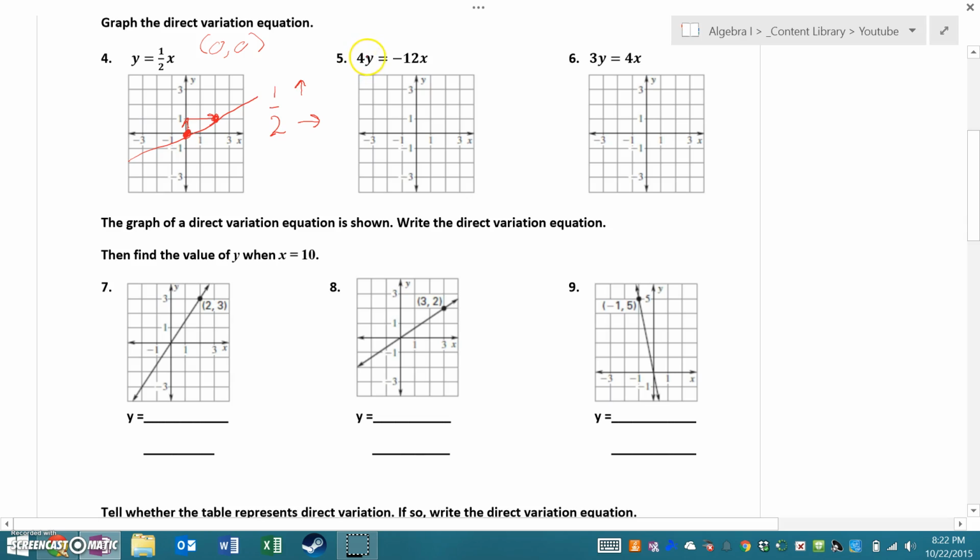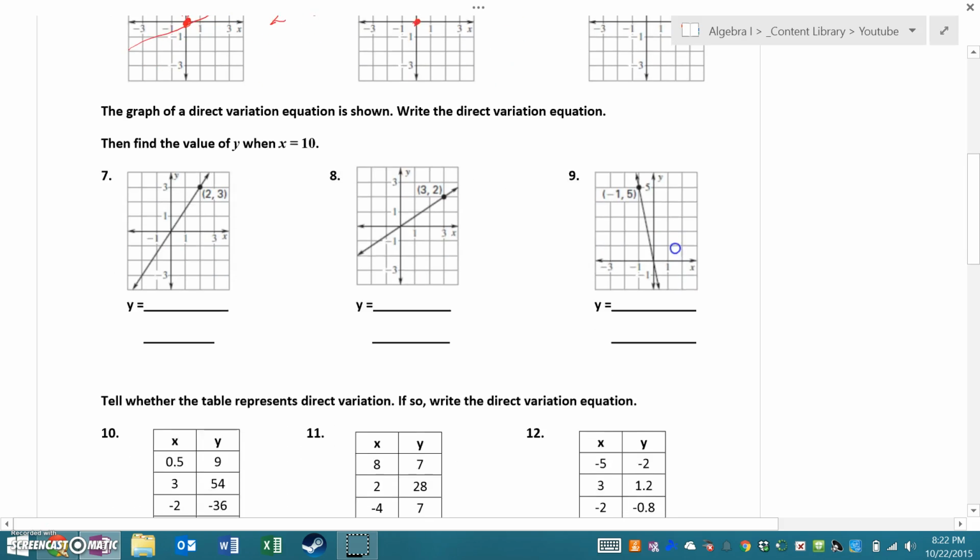For instance, for number 5, first you'd have to solve for y, and once you have y equals whatever your k value is, whatever your slope is, times x, you'd be able to take that 0, 0 and plot your graph after that. Okay, next set.